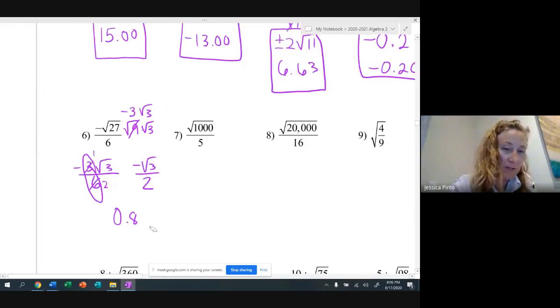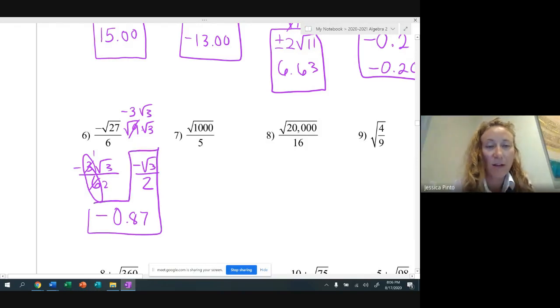So I have to round that up to 7. 0.87. Testing the original 27 square root divided by 6, and I get the same thing. What am I forgetting? The negative sign. And so these are my two final answers. Great.